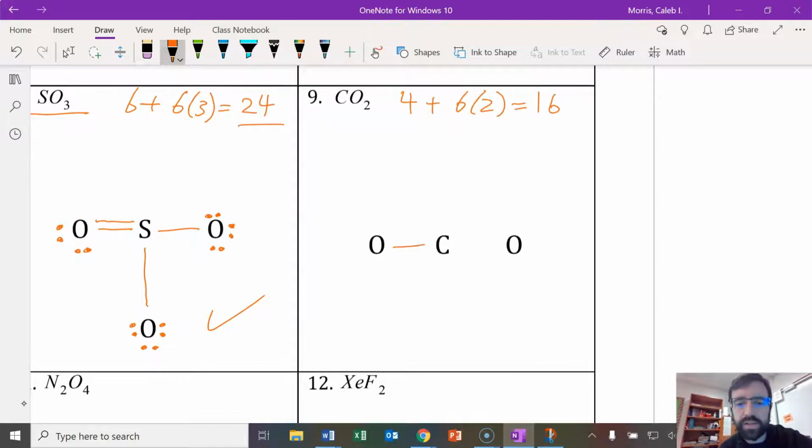Start with single bonds. Then we want to check if we can make the outer atoms happy.